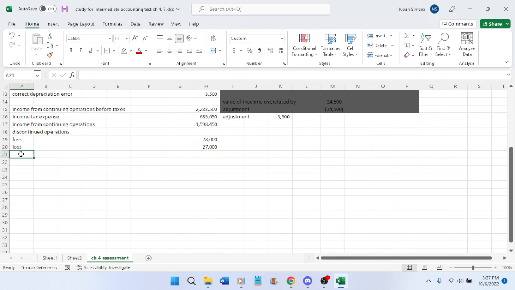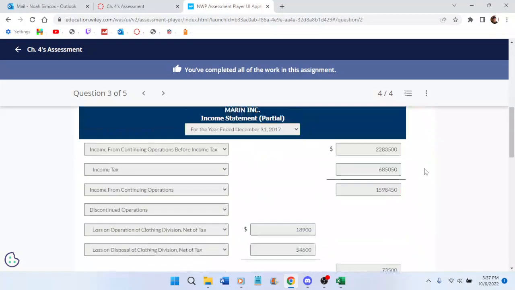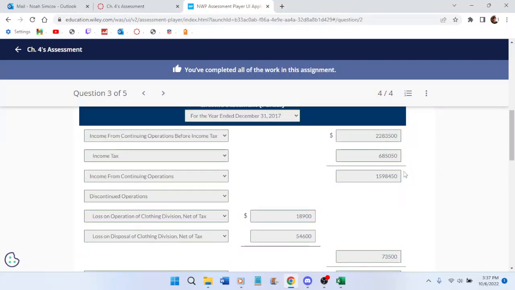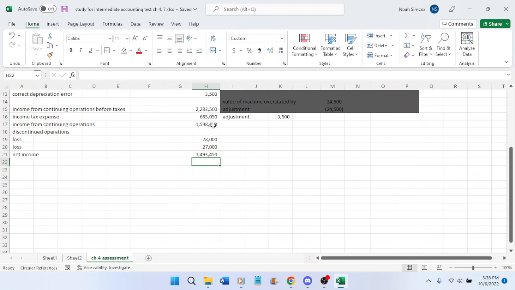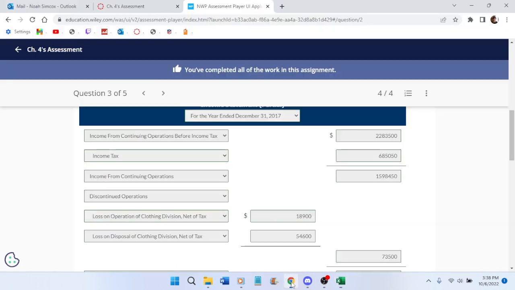Net income equals this minus this minus this. Save. Man, I have to make sure these are right. So income tax expense 685,050. 1,598,450. 1,598,450. Loss 7827.